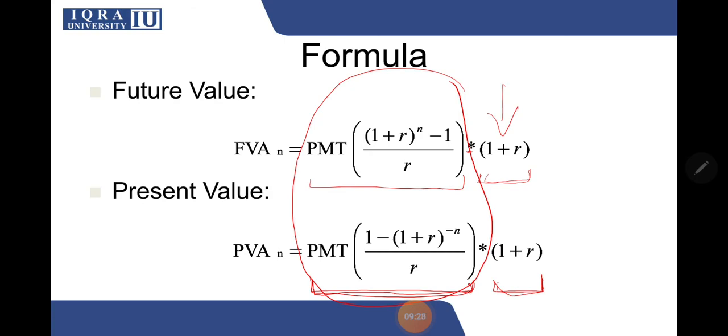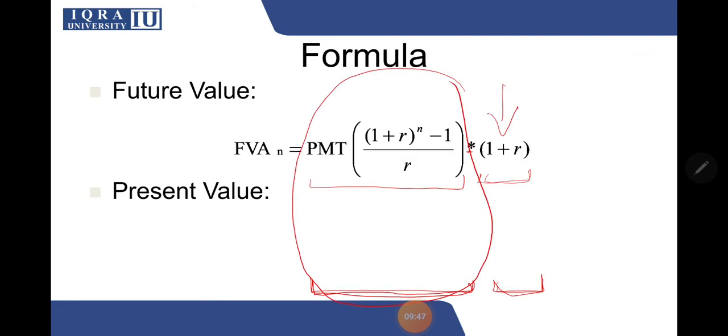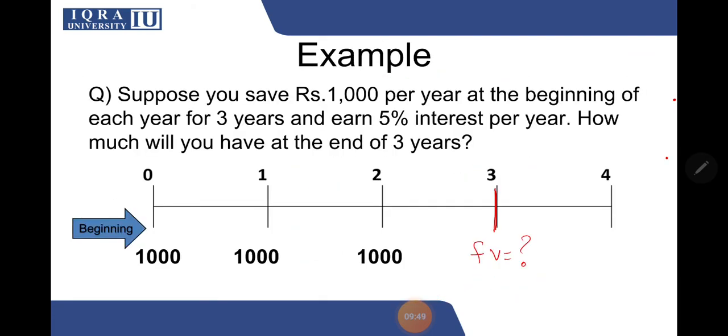So if you even have the previous answer, you can just simply multiply that answer by 1 plus r, and your answer will convert into an annuity due answer. So I'll tell you what I mean by that through the example that we were doing. So let me go back to the same example, but now I'm going to use the formula.